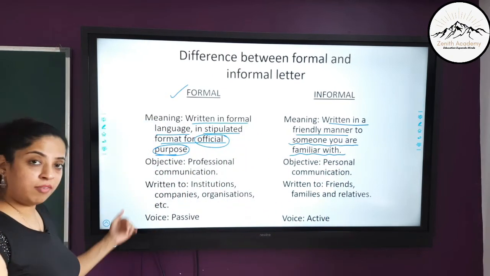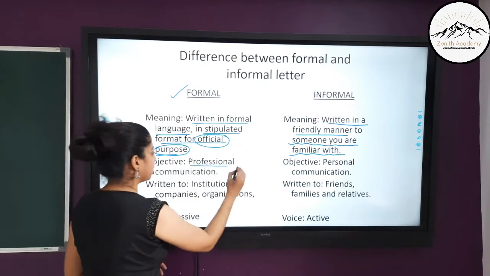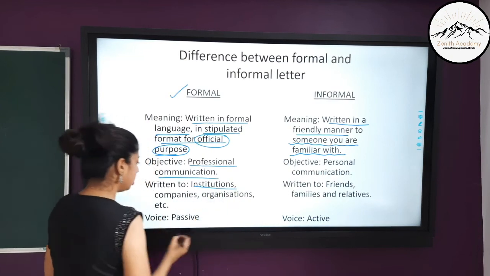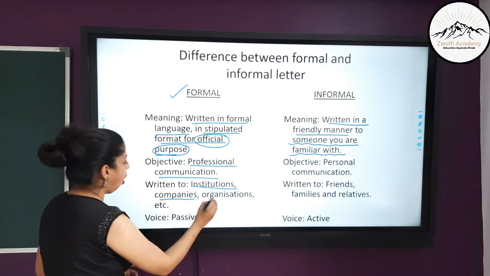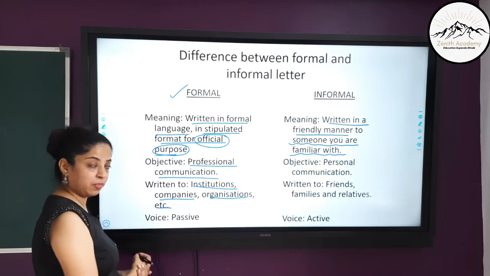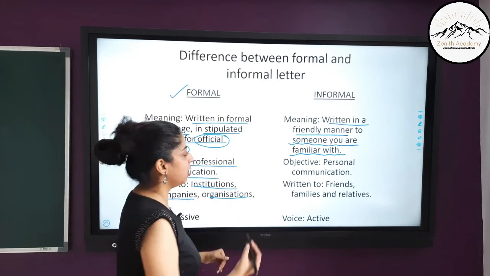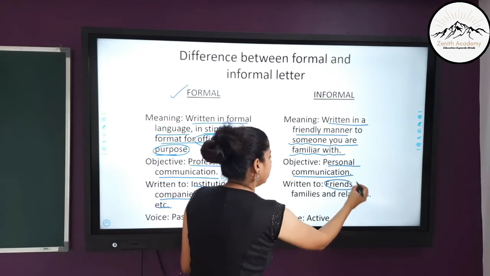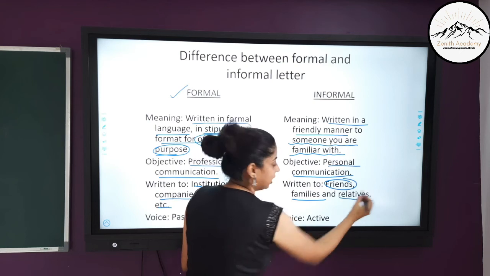Now what is the objective of writing a formal letter? It is a professional communication and it is written to institutions, companies, organizations, etc. Whereas this is a personal communication and it is written to friends, families and relatives.